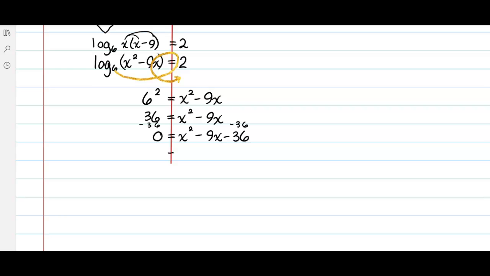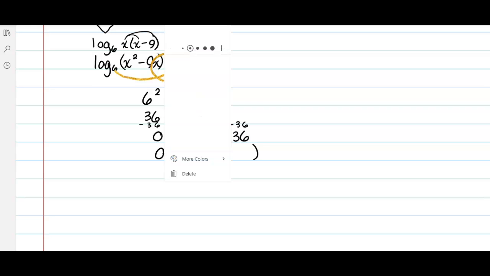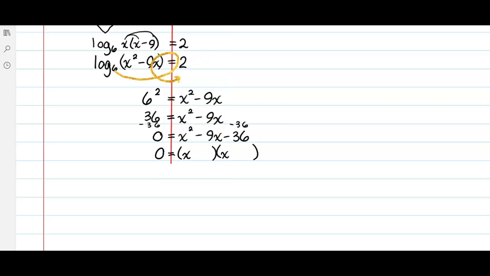We can solve quadratics with a variety of methods. This one is easily solved by simply factoring, by asking what multiplies to give me negative 36 and adds to give me -9. 1 and -36, 2 and -18, 3 and -12, 4 and -9, 6 and -6.